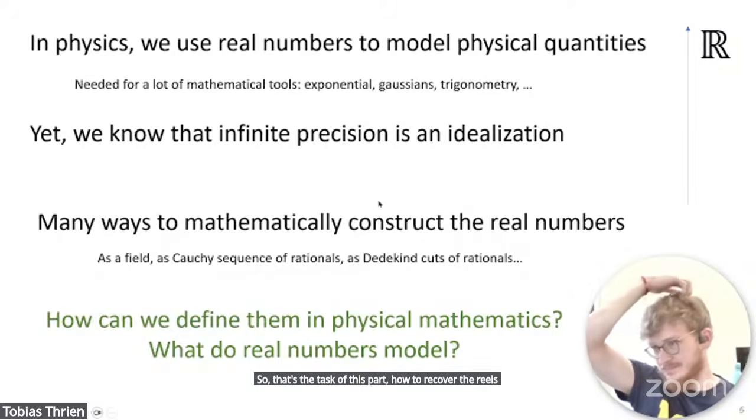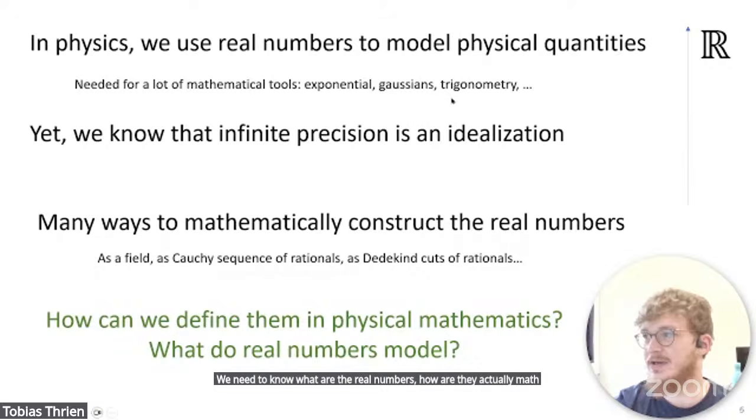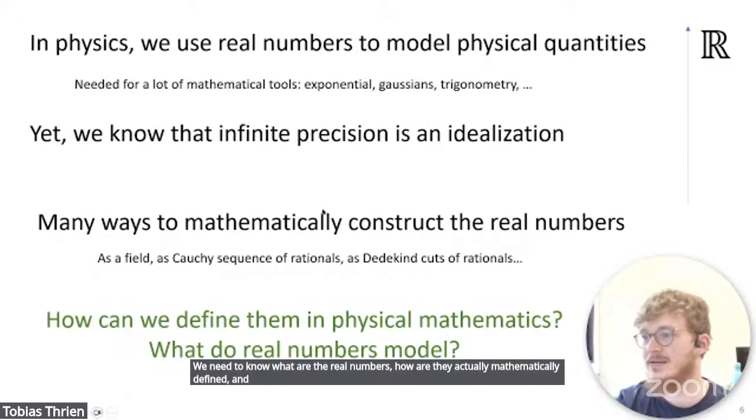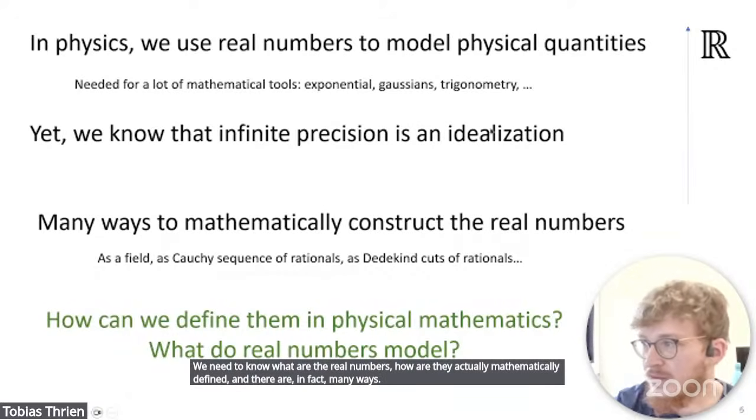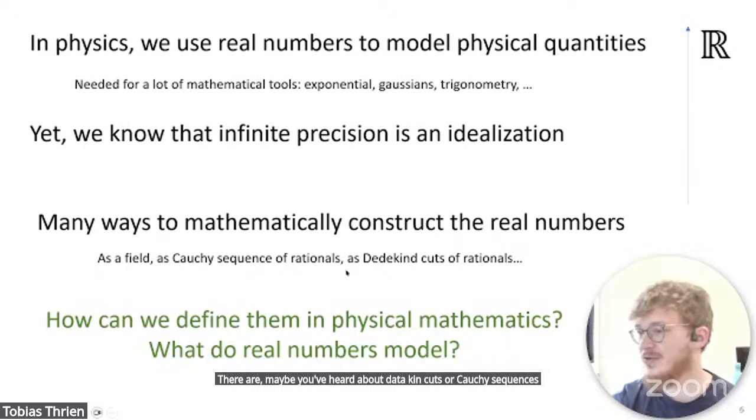First, we need to know what the real numbers are, how they are actually mathematically defined. And there are, in fact, many ways. Maybe you've heard about Dedekind cuts or Cauchy sequences of rational numbers.